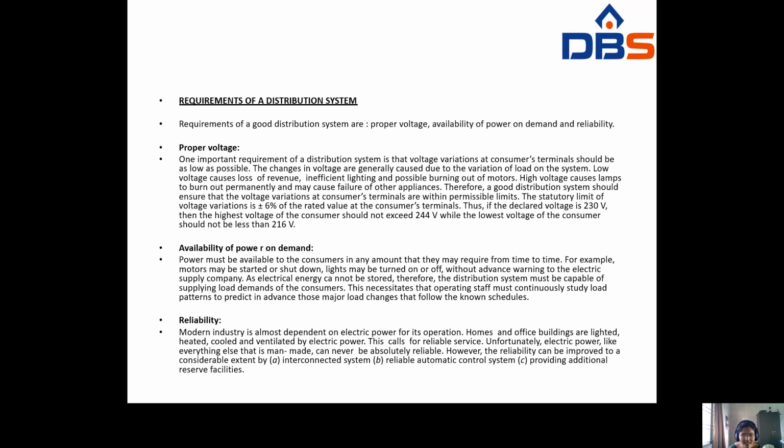As electrical energy cannot be stored, the distribution system must be capable of supplying the varying demands of the consumers. This necessitates that operating staff must continuously study the load patterns to predict in advance major load changes according to the schedule. So this is the availability of power and demand.